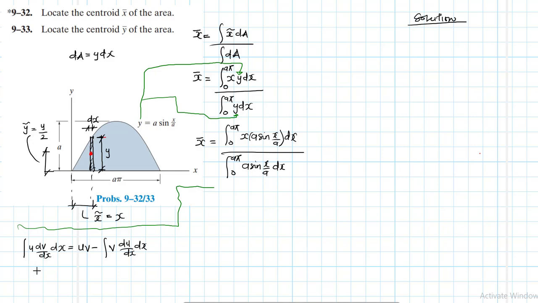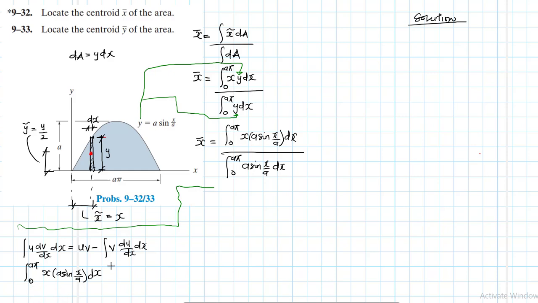We need to choose u, and the criterion for choosing u from this expression, the integral from 0 to a pi of x times a sine x over a dx, is that u should give us the simplest derivative. That's normally the rule.